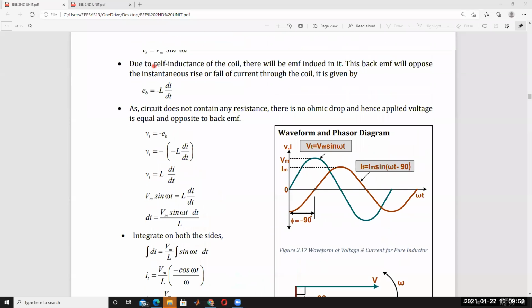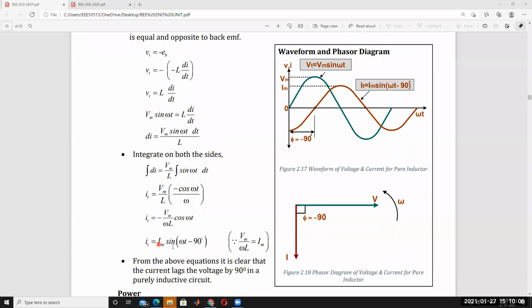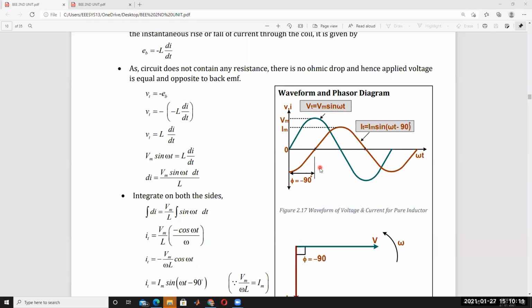Vt is equal to Vm sin omega t, as it starts from 0, so there is no phase difference here. Then the current waveform lags by 90 degrees: it is equal to Im sin omega t minus 90. So the current waveform starts after 90 degrees, while Vt is equal to Vm sin omega t as it is. Understood?